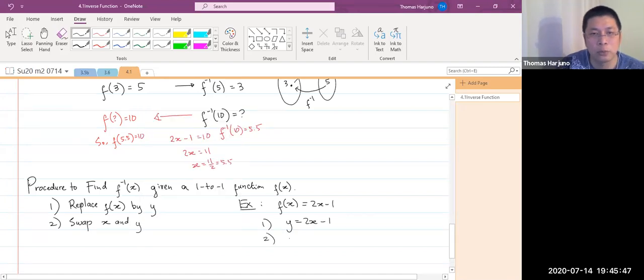So in step 2, x becomes y, y becomes x. You will see it's actually in the second step that the inversing happens.